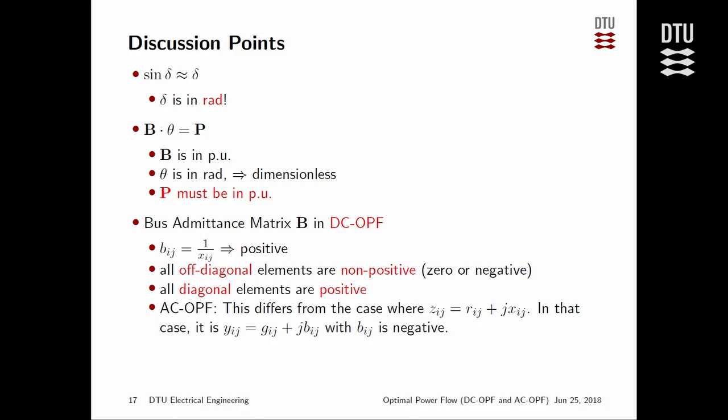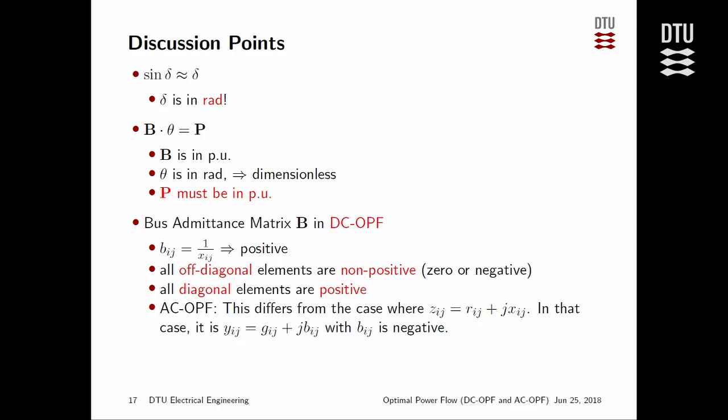People that implement both DC-OPF and AC-OPF sometimes get confused. When I do the DC-OPF, I don't have a minus, and I only have to invert the real value; the minus comes from inverting the j, and we don't have that there. So it's very important that when you do DC-OPF, you just have 1 over xij.